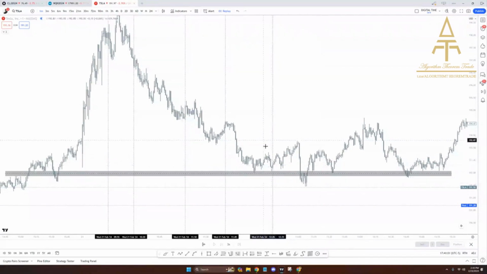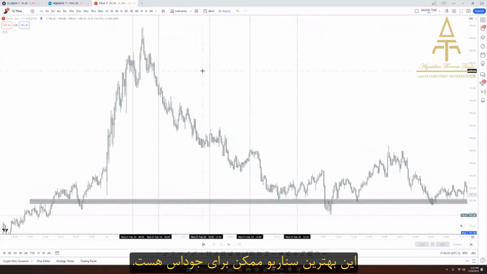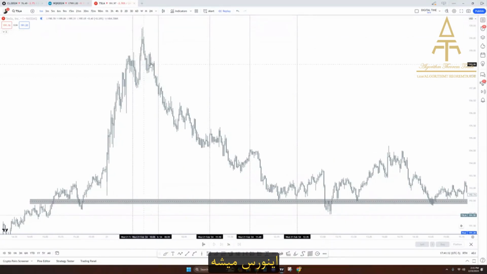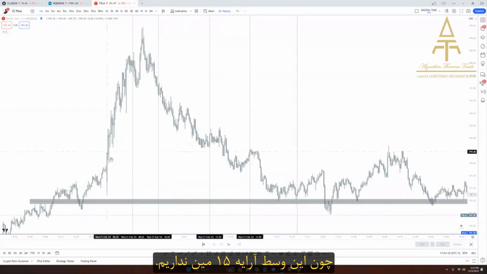Now, Judas can extend in best case scenarios. This is a best case scenario for Judas. You get a sharp move like this, taps into a 15-minute PD array, beautiful inversion, and keeps trailing all the way down until 1235. Why? Because there's no 15-minute PD array. There's no inefficiency.